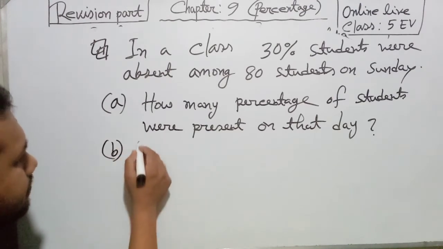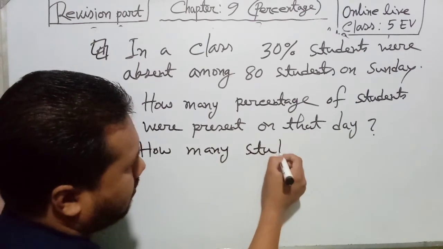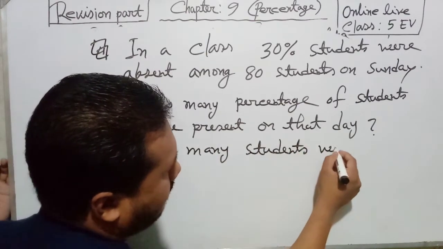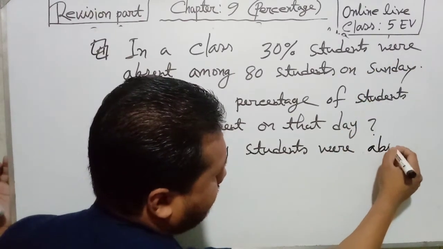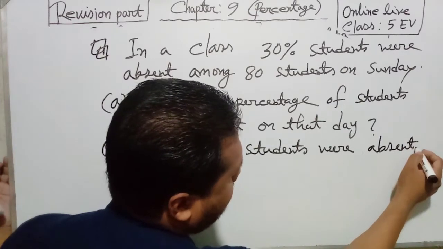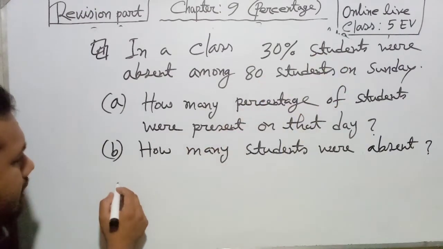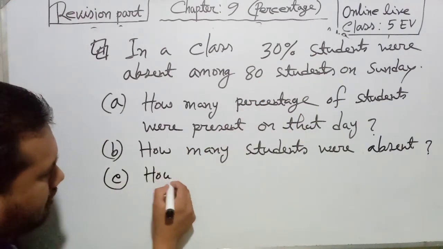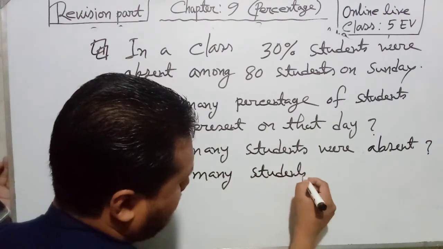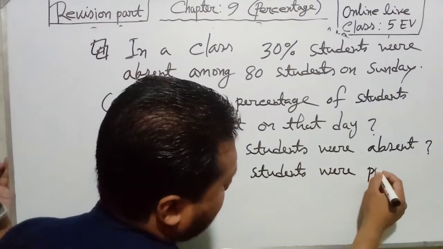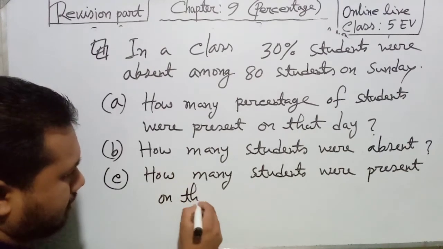B number, how many students were absent on that day. C number, how many students were present on that day.